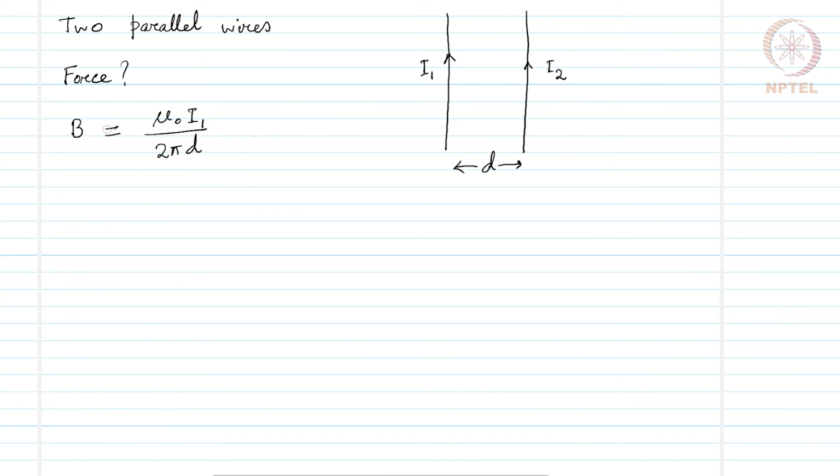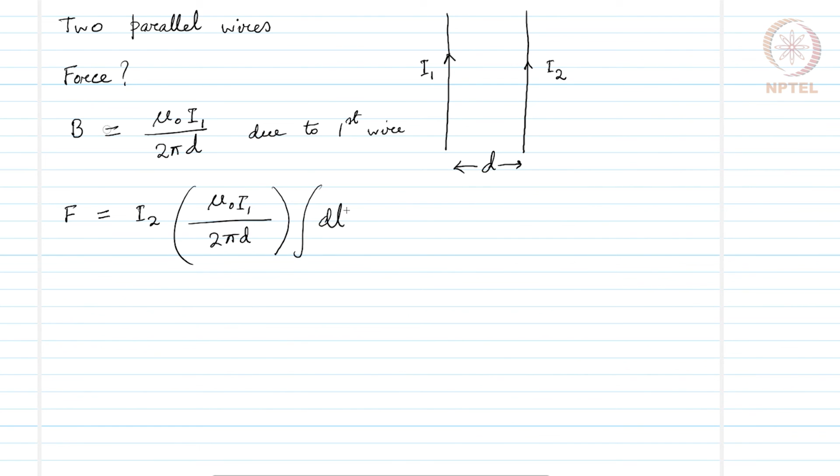So, the force on the second wire is I2 times mu naught I1 over 2 pi d integration over dl.